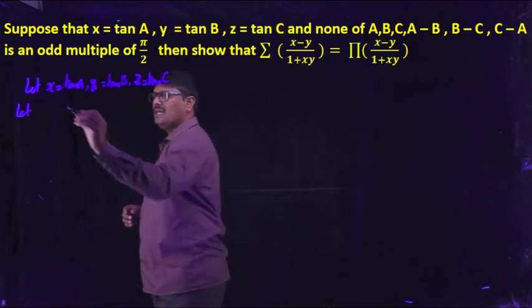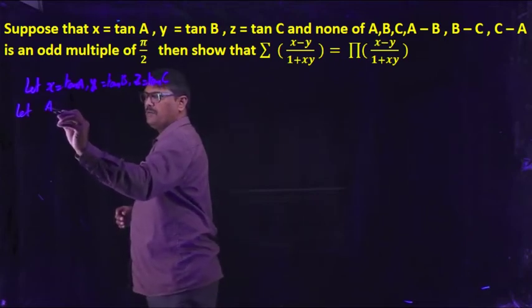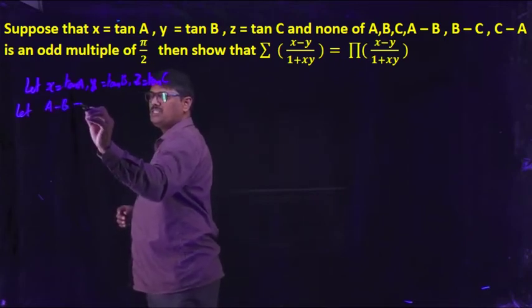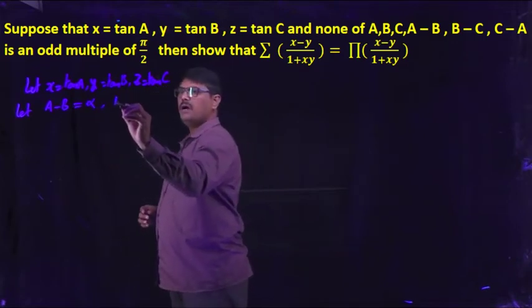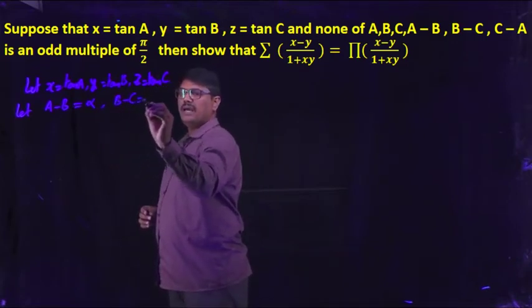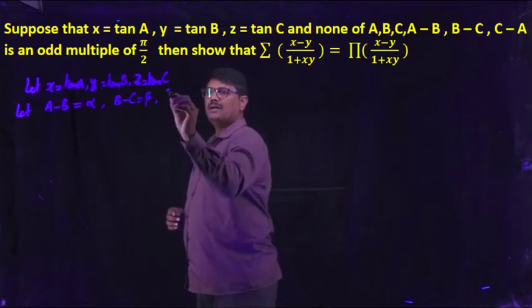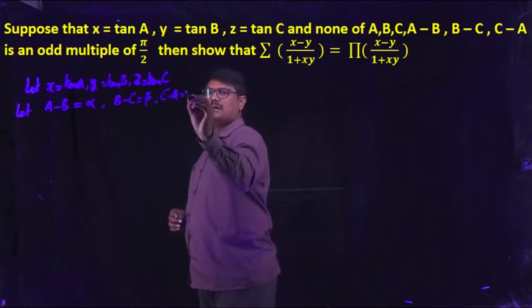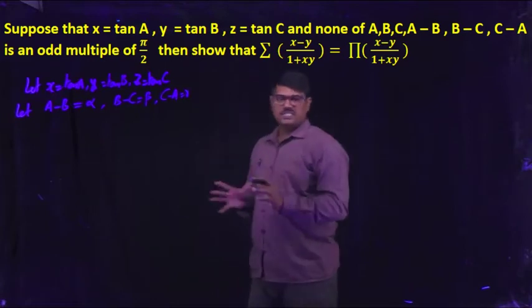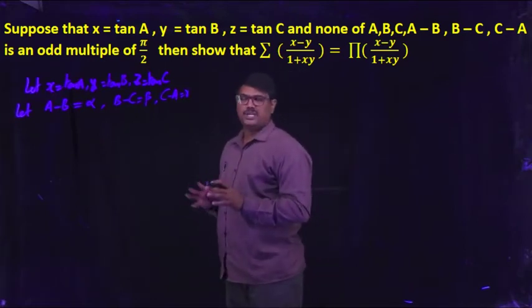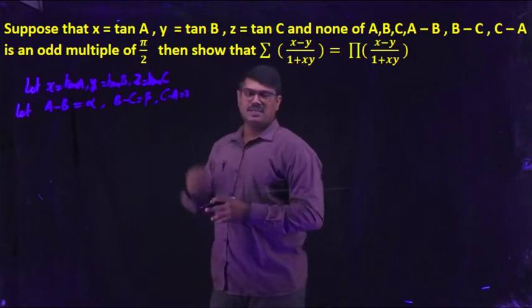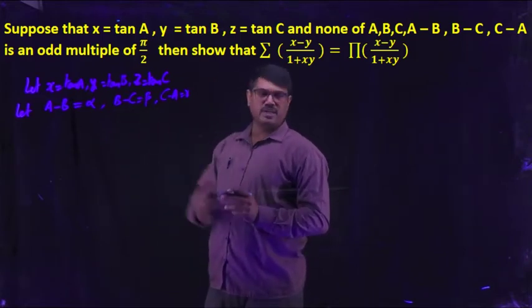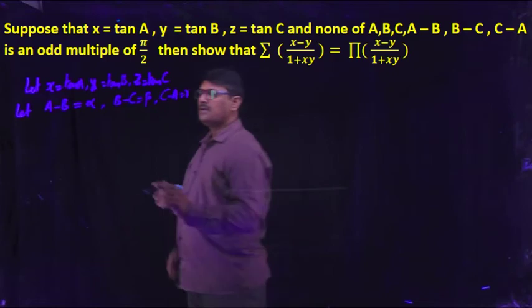Let us consider, for the convenience of the problem, A minus B as alpha, B minus C as beta and C minus A as gamma. For easy simplification and calculation, I am considering A minus B, B minus C, C minus A with other notations, alpha, beta, gamma.